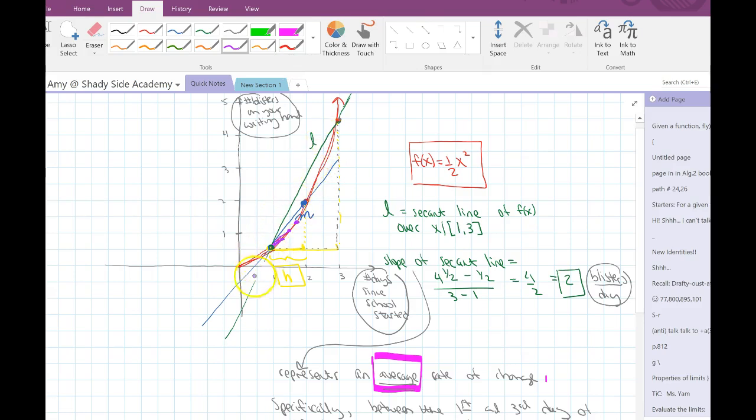A secant line intersects a curve twice, two times. Like look at line L, it intersects the curve once, twice. M intersects the curve once, twice. As this second point pulls closer and closer, boys and girls, how many times does that line cross the curve as the point gets closer?